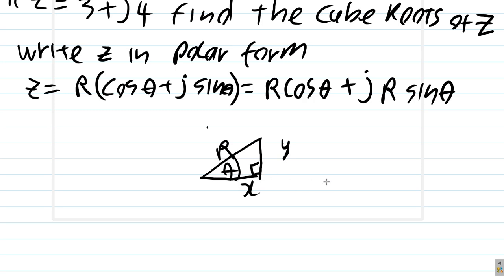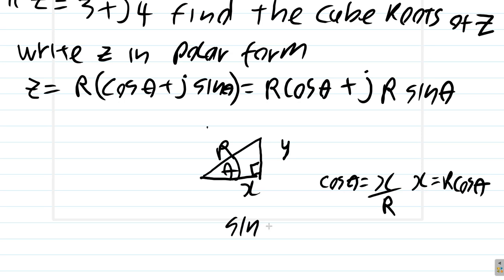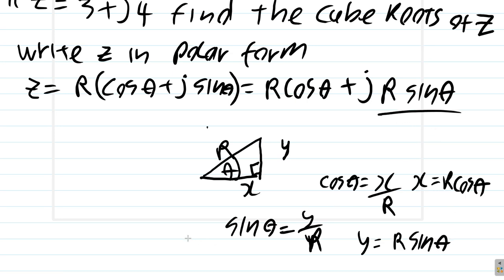Cos theta is the adjacent x over the hypotenuse r, so when you transpose, x is equal to r cos theta. And sine theta is opposite, y over hypotenuse r, so y equals r sine theta, which is where this comes from.